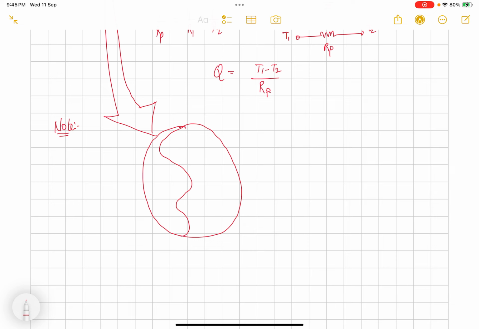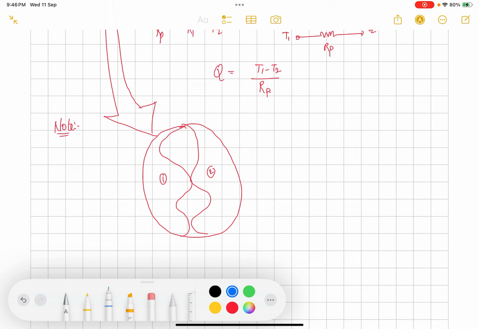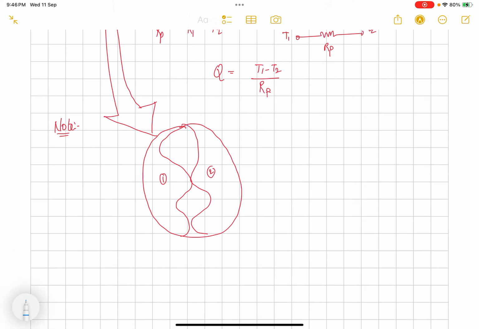These two surfaces look like this. This is surface 1, surface 2. In between these wavy surfaces there is a void in which fluid is there, mostly air.